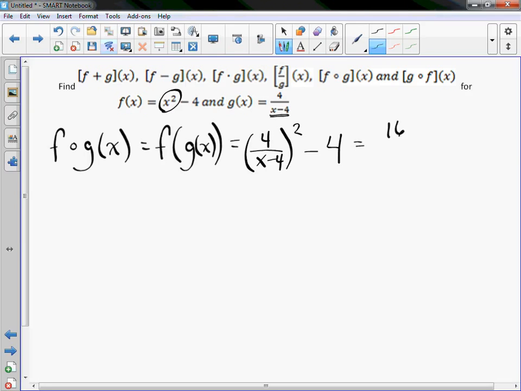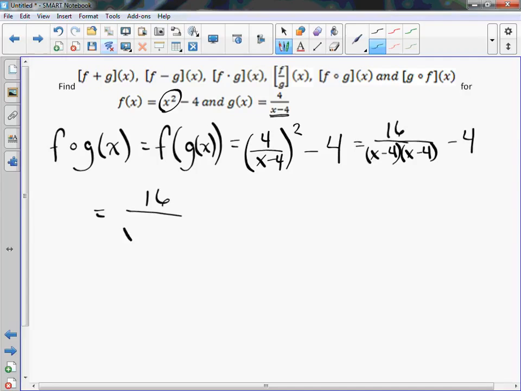So we have 16 over (x minus 4) squared. Well, that is FOILing. I'm going to write that out for you, just in case you need to see this visually. We need to FOIL the denominator here. x times x is x squared, so we have 16 over x squared minus 4x minus 4x, so minus 8x.